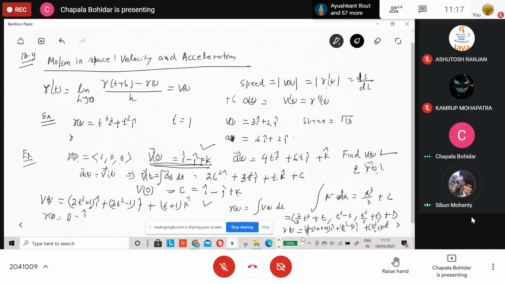The value of D will be added to all, right? The value of D, we get it is only i, because R of 0 is i. When I substitute t is equal to 0, this is 0, this is 0, this is 0, only D. D is equal to this component, that is only i. Got it? So I substituted that value and have written it directly in this way.